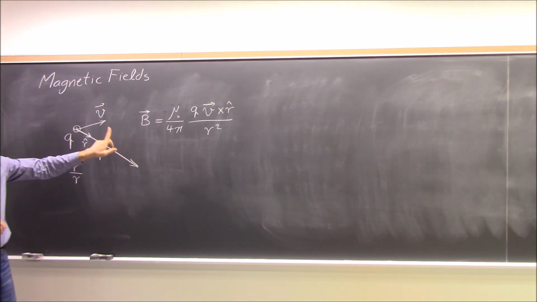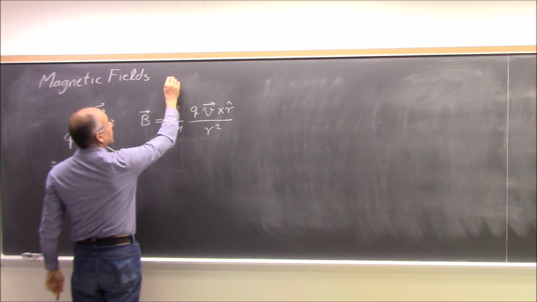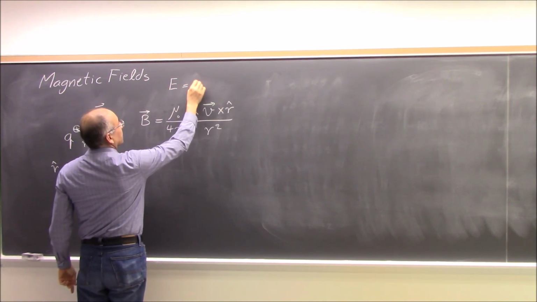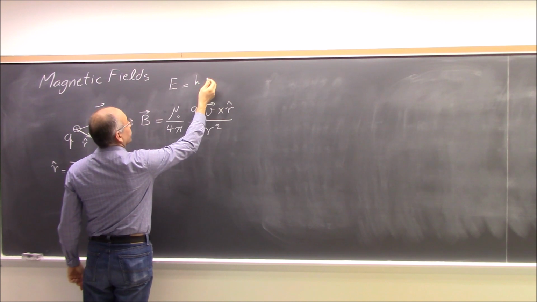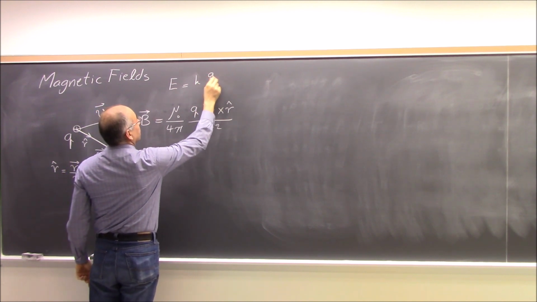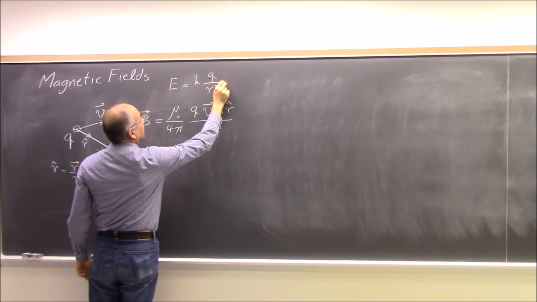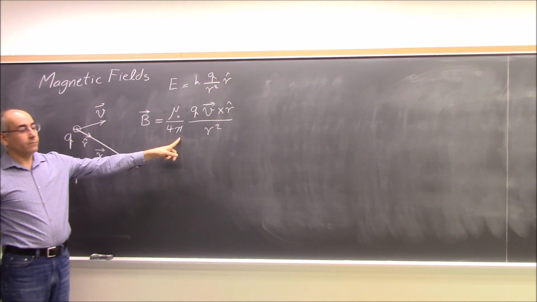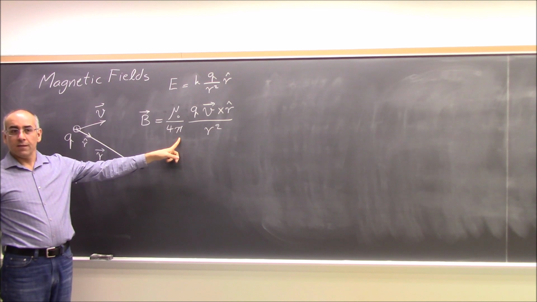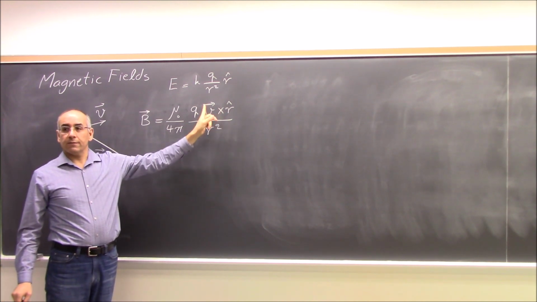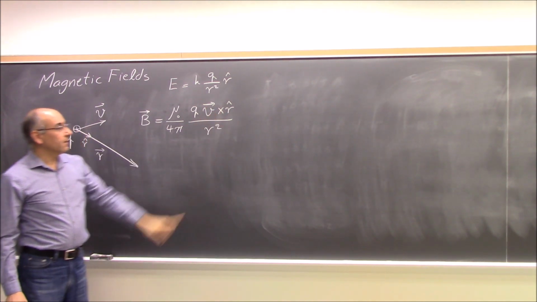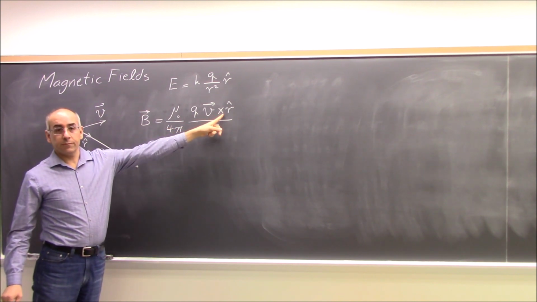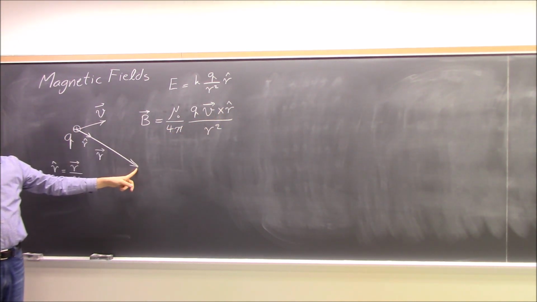It's a bit more complicated than Coulomb's law. Remember, E, the electric field, is just k, or 1 over 4 pi epsilon naught, q over r squared, r hat, right? But here, it's a bit more complicated, because of this cross product. What is the direction of this cross product at this point?